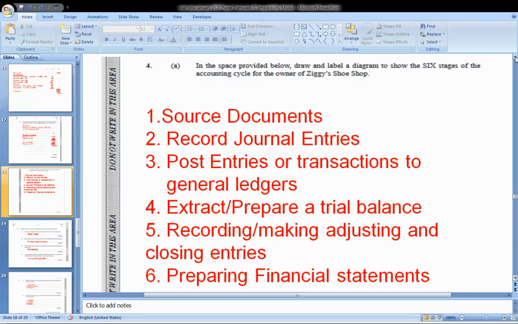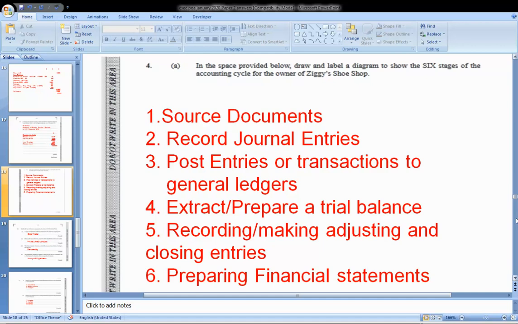Then second, record journal entries. Third, post transactions to general ledgers. 4, extract or prepare a trial balance. 5, making adjustment and closing entries. And 6, preparing financial statements.